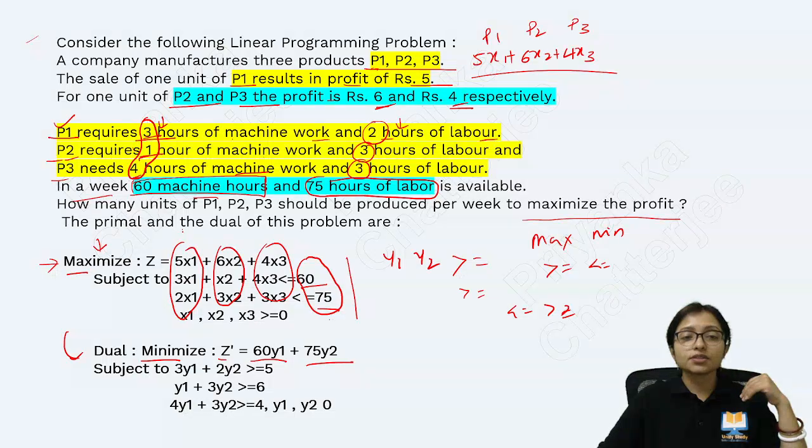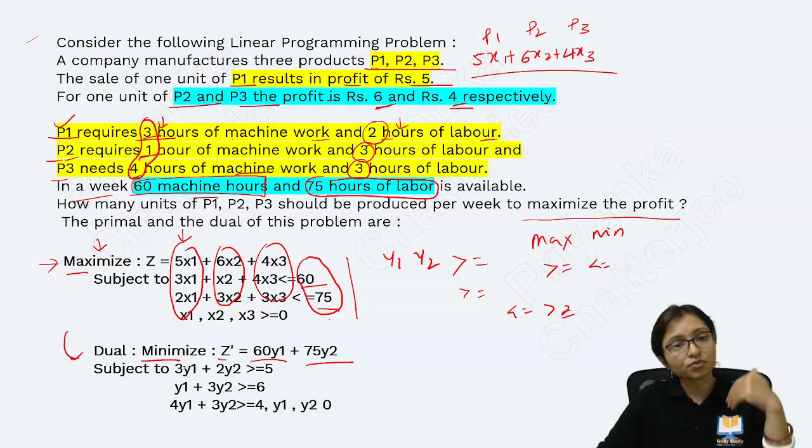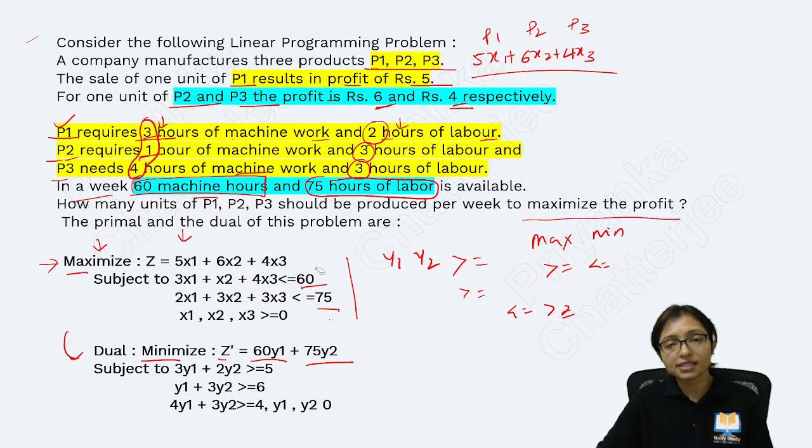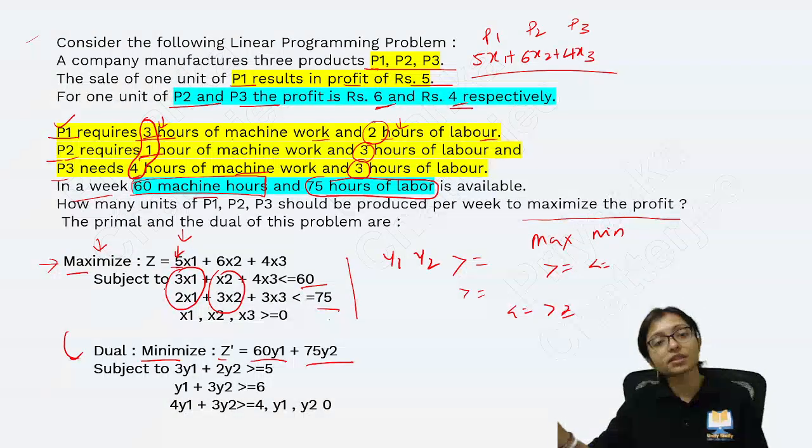Then the constraints: take the first column, column wise, as I told you. You do not need to take this column, because this is your maximized line. You have to take this column, and this coefficient will be compared with the column.